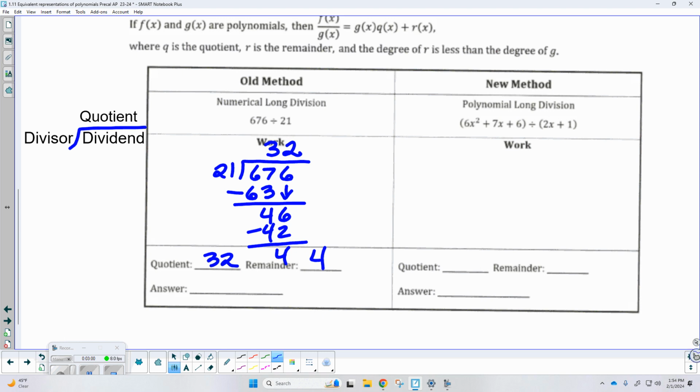We got a remainder of 4, and you were taught to take the remainder and put it over something. What am I referring to? Starts with a D. Now the divisor, we take the remainder and we put it over the divisor. So this would be 32 plus the remainder over, in this case, 21. But that's just going to combine to give me a mixed number.